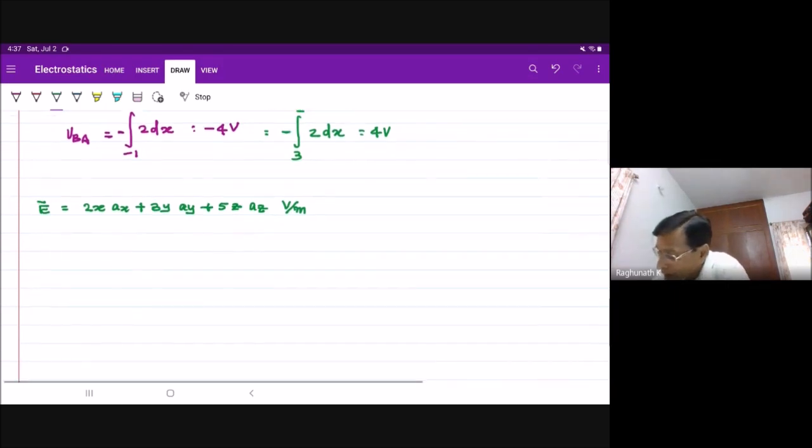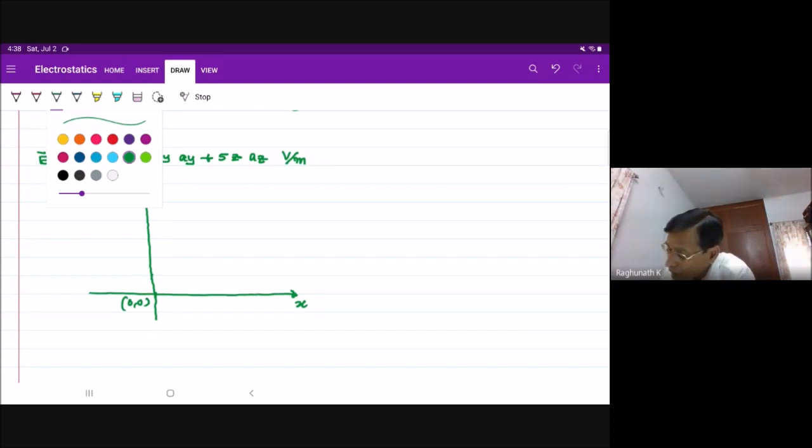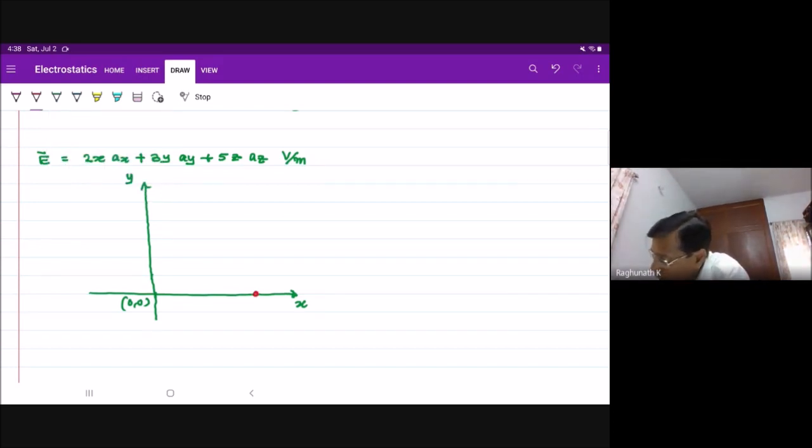I will show you the path. This is the x-axis. This is the origin. This is the y-axis. A and B are these points, right? This is point A with coordinates (2, 0). This is point B with coordinates, let us say, (0, 3).